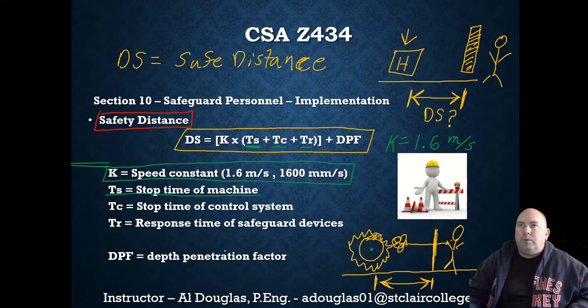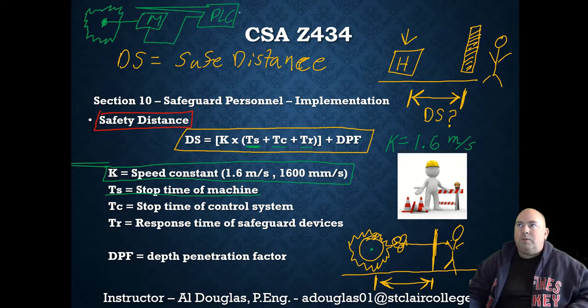So let's assume that we have, I'll draw here now, that's our saw blade. And this goes to a motor that runs that. This motor is run by, let's call it a PLC. And this PLC is connected to a light curtain.